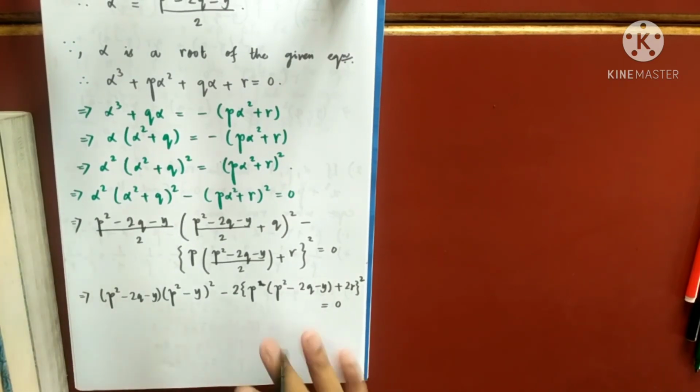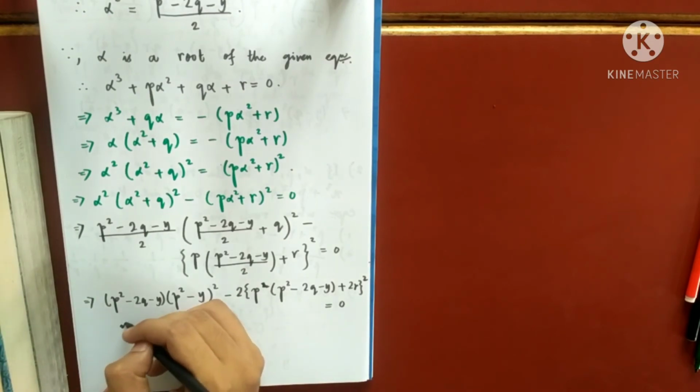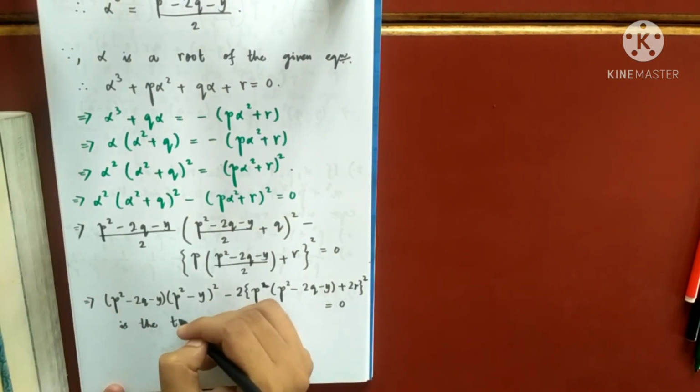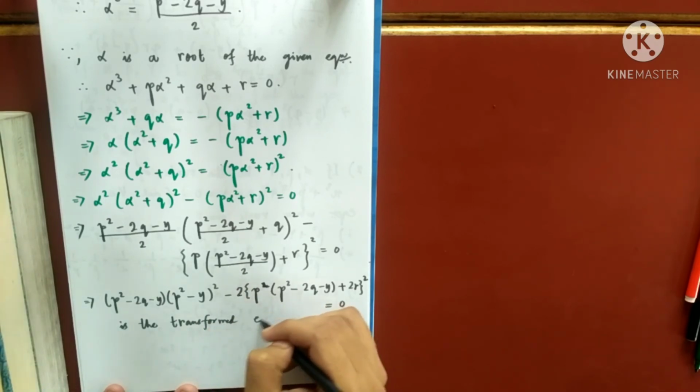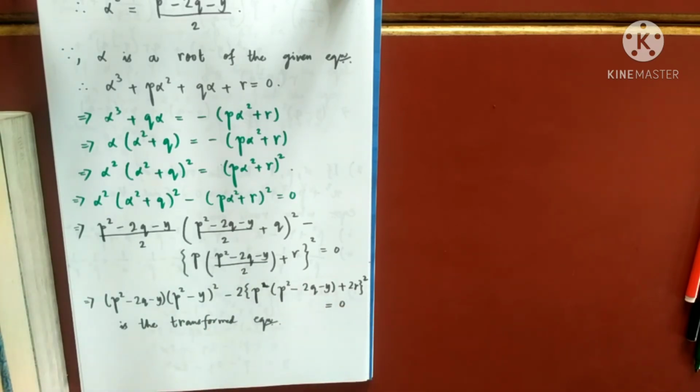You can actually open the brackets if you want to, but this is the transform equation whose roots are those as given in the question. Now the first thing that you should note, I should get a polynomial of degree 3, keep that in mind, and you just check this is a polynomial of degree 3. Why?